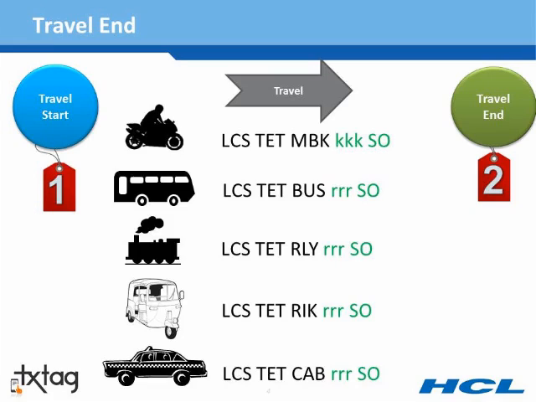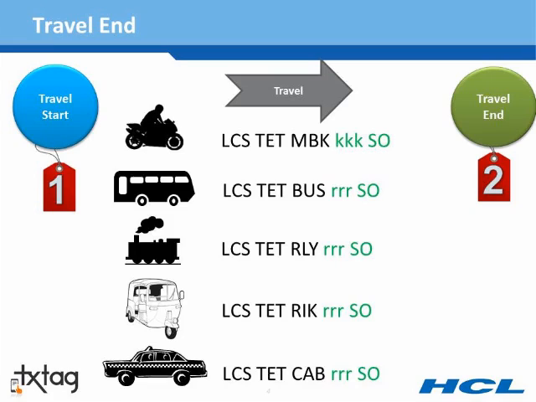Now apart from the mode of travel, we would also like to capture what is the expense towards that travel. So if you are traveling by a motorbike, after typing in LCS space TET space MBK, you have to type in space KKK. KKK is the number of kilometers you traveled.